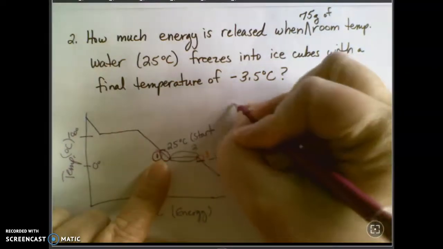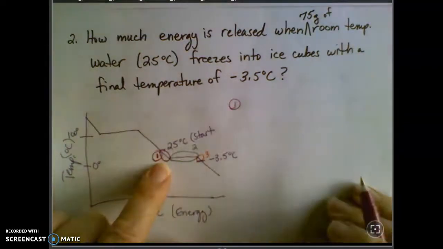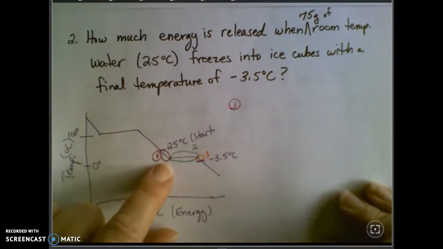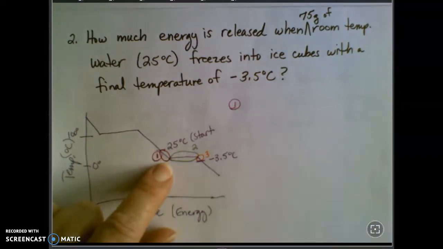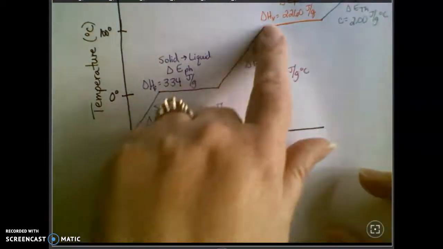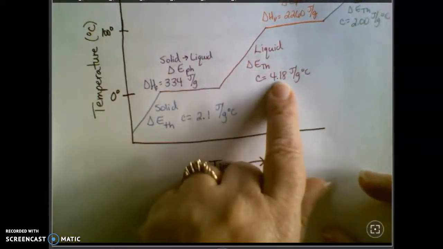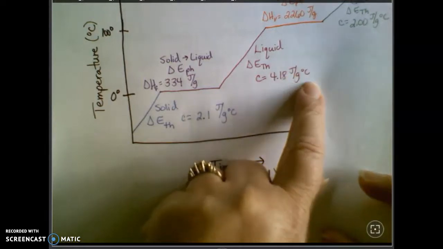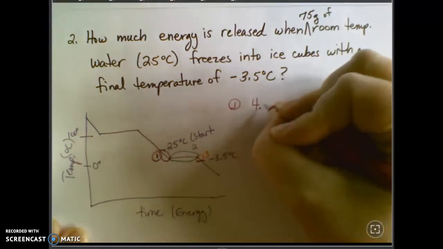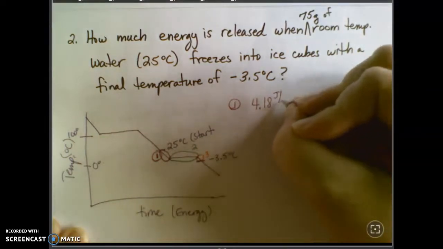So the first thing that happens, like we just said, the water has to change temperature from 25 degrees down to 0 degrees Celsius. I'm going to look for my constant. That middle slope, the constant's 4.18 joules for every gram and every degree Celsius. I usually like to start with that. I like to put my constant there in the front.